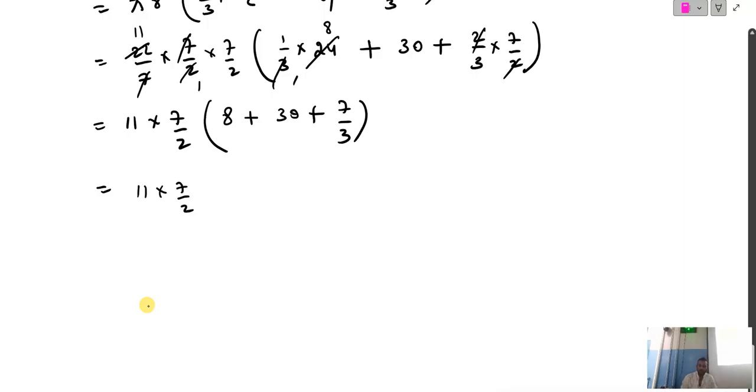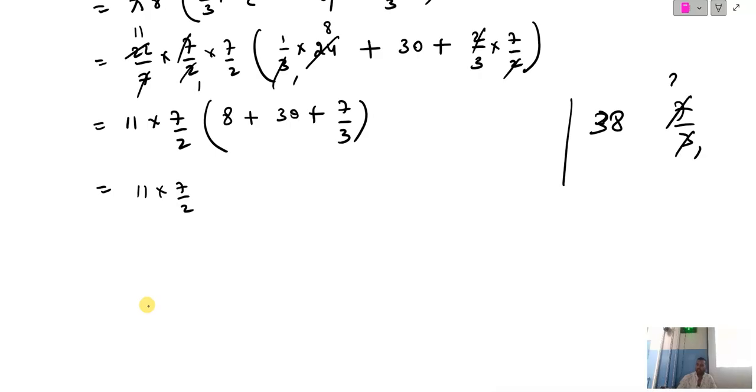Okay. Now look at here. 8 plus 8 plus 30, 38. Keep it as it is. 7 by 3. 3 ones are 3, 3 twos are 6. Remainder 1. Point 10. 3 threes are 9. Again remainder 1. Again 10. 3 threes are 9. It goes on continuing. Better after point if you get one digit, you stop.